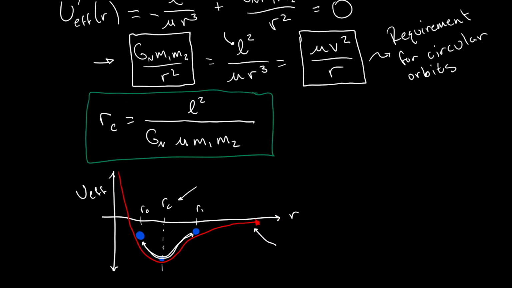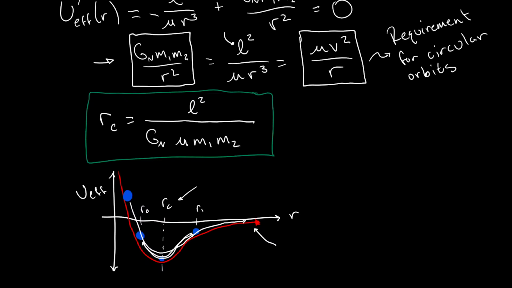So you see that if I started a ball, say, up here, it's going to roll down and roll up, and it's going to have enough energy to keep rolling all the way out to R equals infinity. So this is what we would call an unstable orbit, right? The stars come together, they come really close together, and then they fly apart, and then they never see each other again.